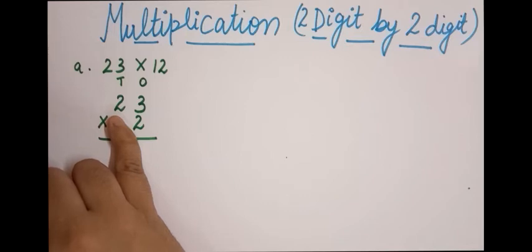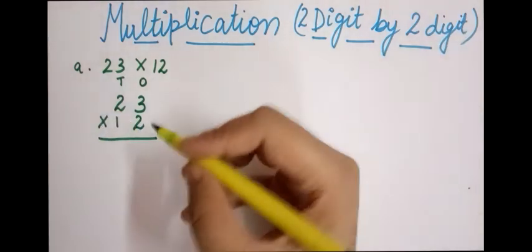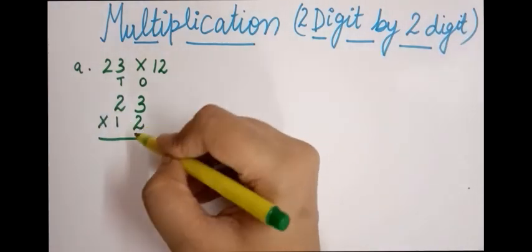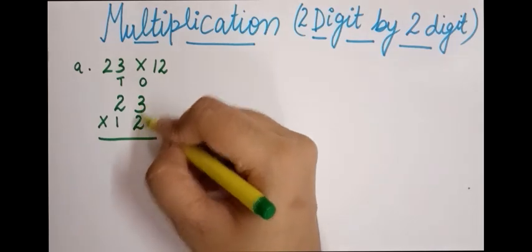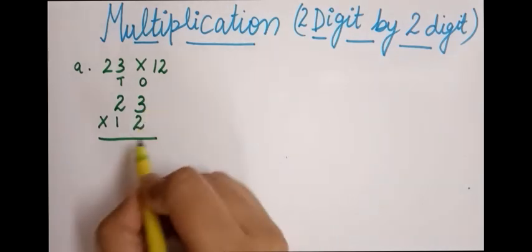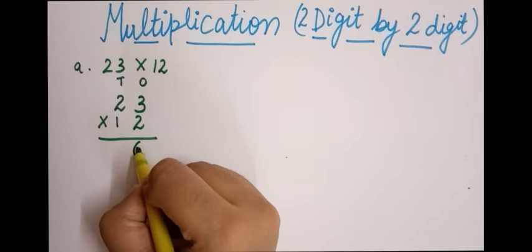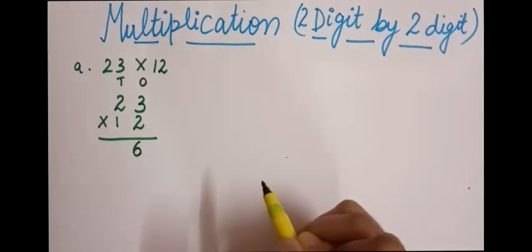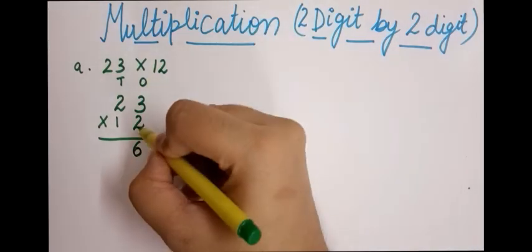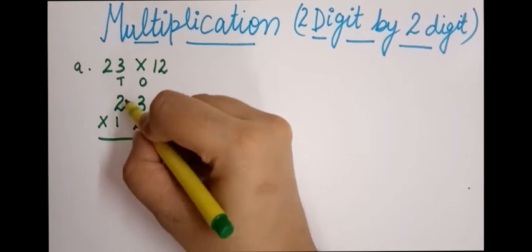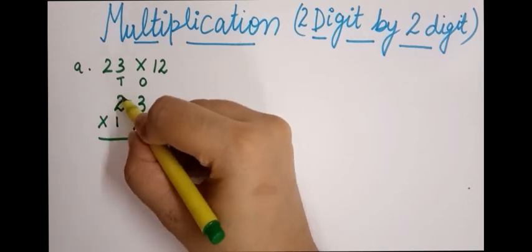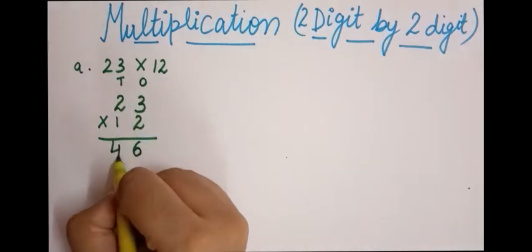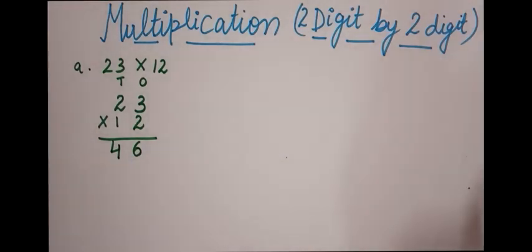So similarly, we will multiply 2 by this 3. 2 3s are 6 and I'll be writing it down in the ones column. Then again I will multiply this 2 by this 2. 2 2s are 4 and I have written this 4 here.